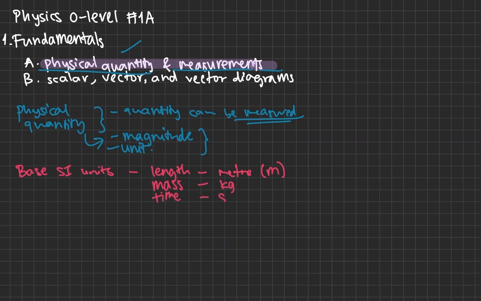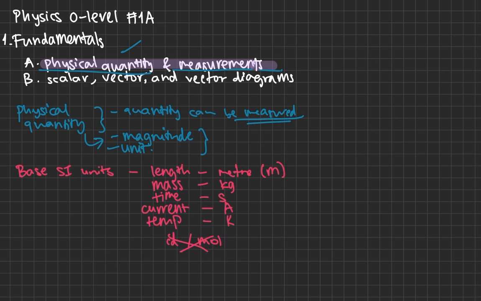Time, it will be second. Electric current, it will be ampere. Temperature, it will be Kelvin. And there are also two more, which are amount of substance, or mole, and light intensity, which is candela, but it is not really important in the physics syllabus for O-level.